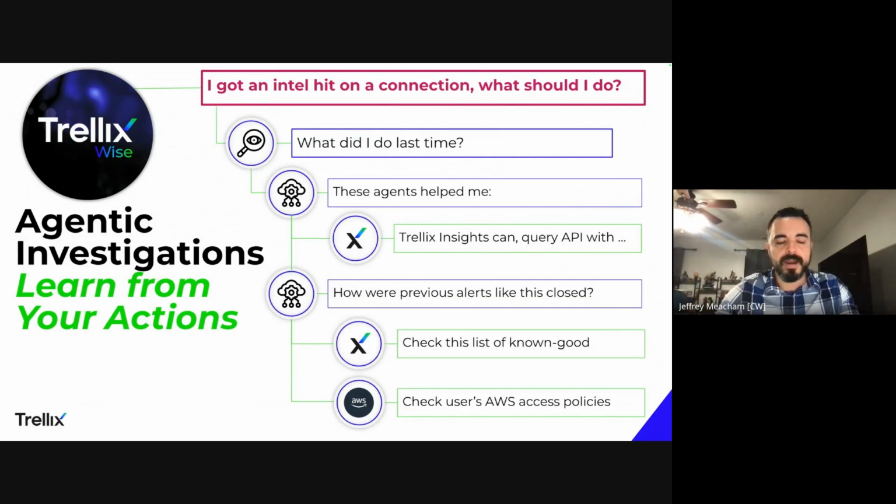This is where our AI becomes more than just automation. It actually becomes your teammate. It recalls past decisions, consults with AI agents across the environment, and walks you through a resolution path. It knows what's worked for you before.